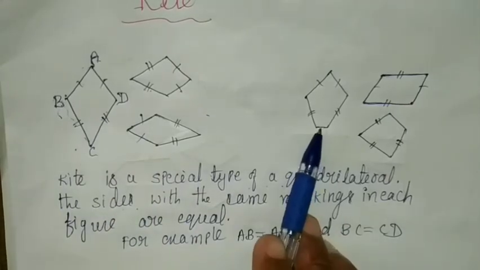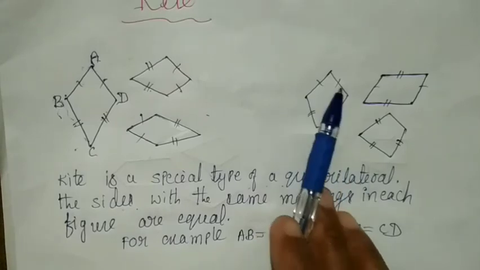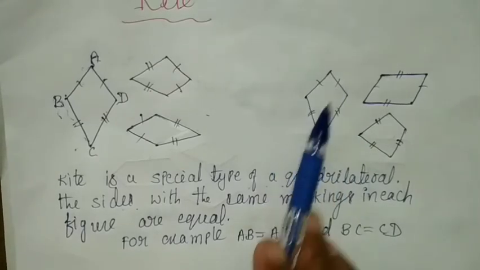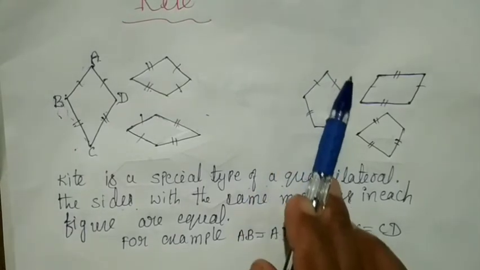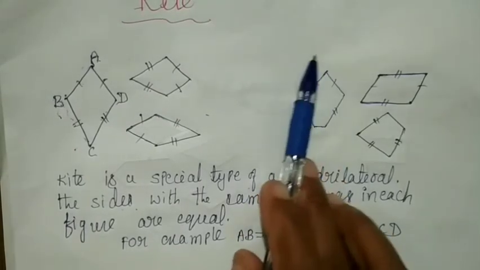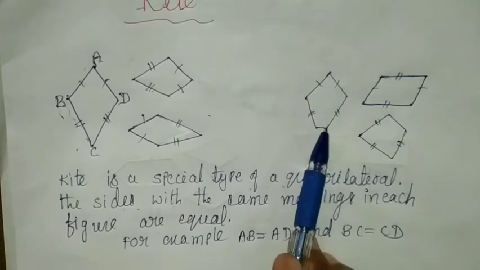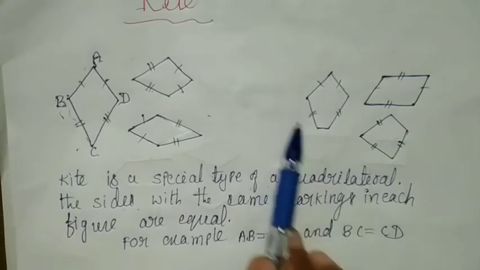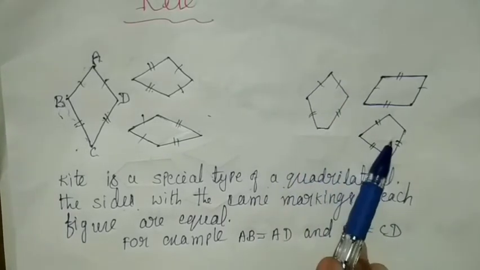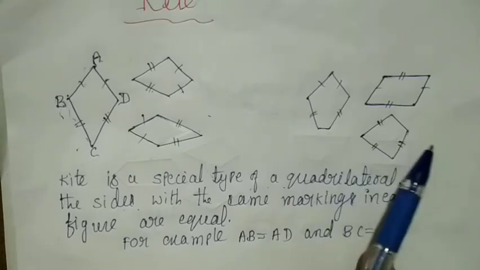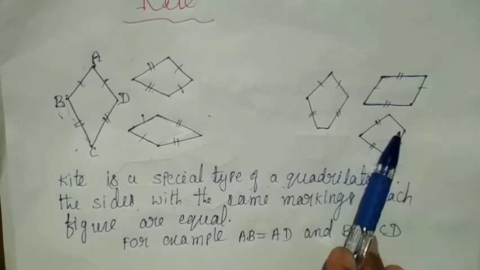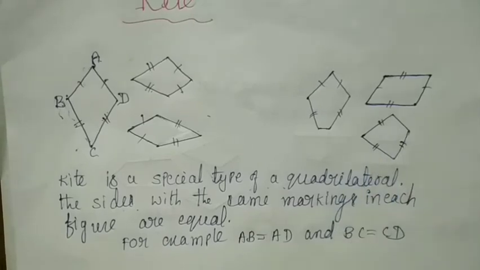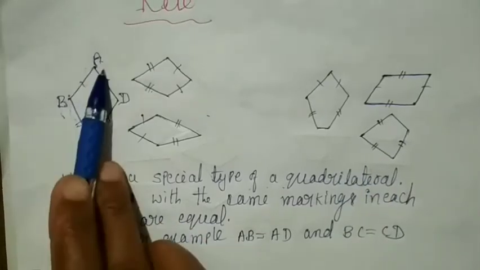Look at this figure. Is the marking the same? Yes, the marking is the same, but the figure is not a quadrilateral. This is a pentagon, so this is not applicable. In this figure also, the markings in each figure are not equal. So AB is equal to AD.